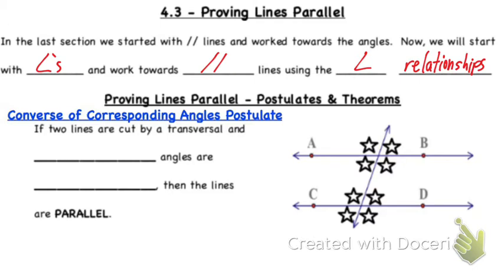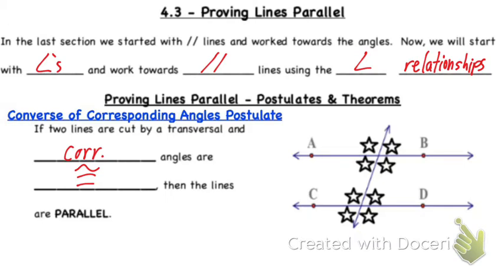We're going to say, if two lines are cut by a transversal, we don't know if they're parallel yet, but if corresponding angles are congruent, then the lines are parallel. So we're switching the order around. Instead of saying lines are parallel, angles are congruent, we're saying, switching around, angles are congruent, so the lines must be parallel. Does that kind of make sense?